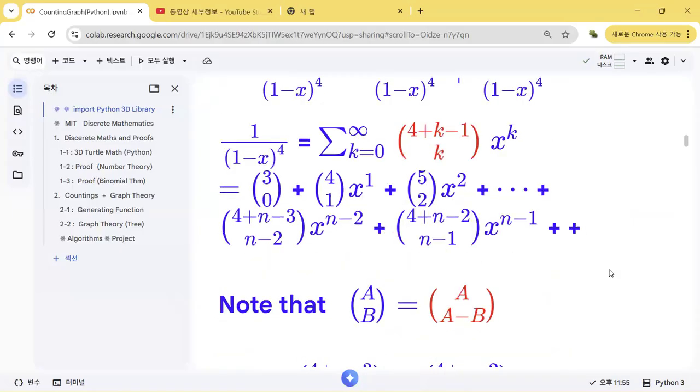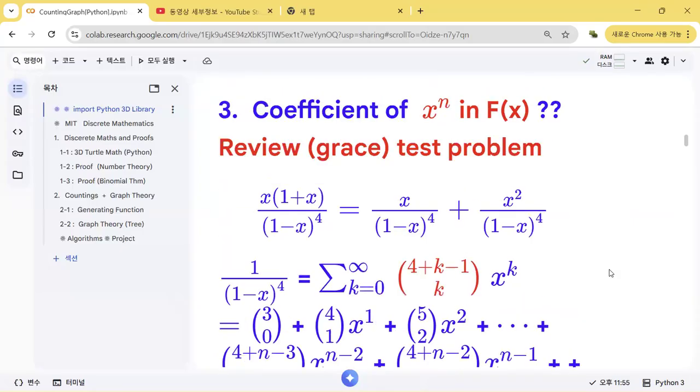Part three. What is the coefficient of f? This is f of x. We want to find the Taylor series of this and find the coefficient of x^n.